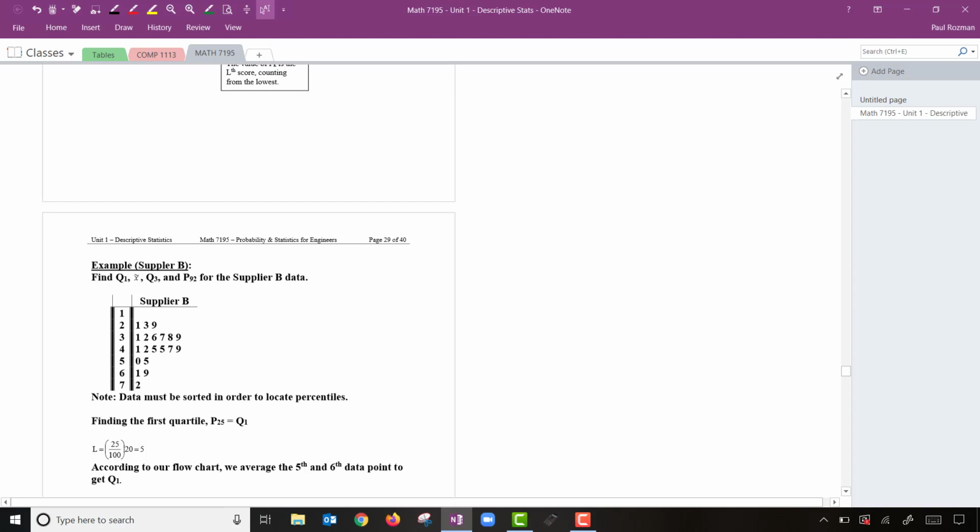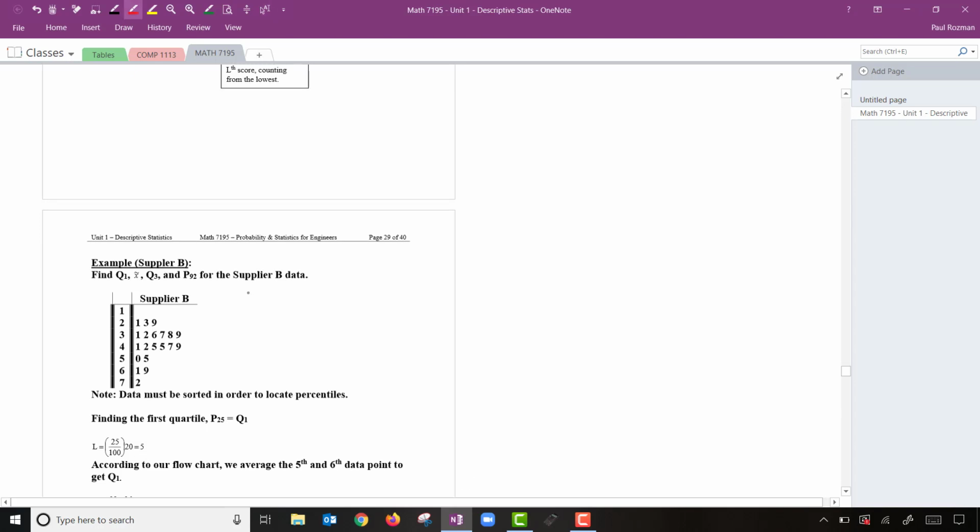Back when we first looked at this data, we found the median of it. So we've already found a percentile. The median is the 50th percentile, so we could repeat that. The median, which is Q2, is the 50th percentile.